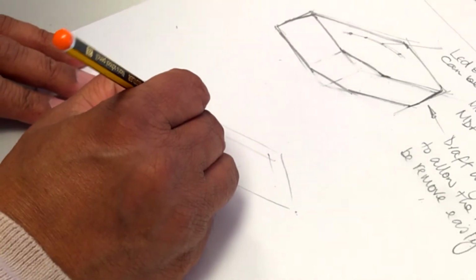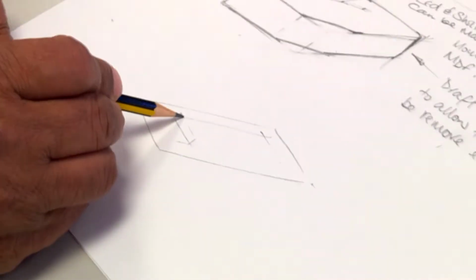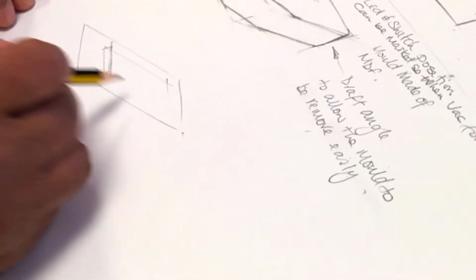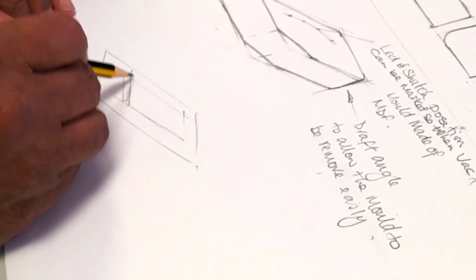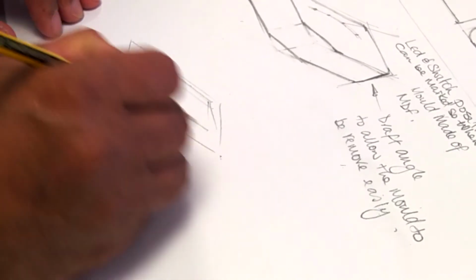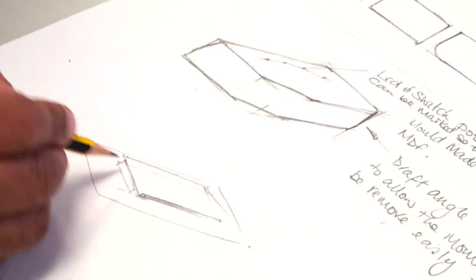The circuit board is on the clips, so give it a little bit of height to show it's mounted. So show us the board.